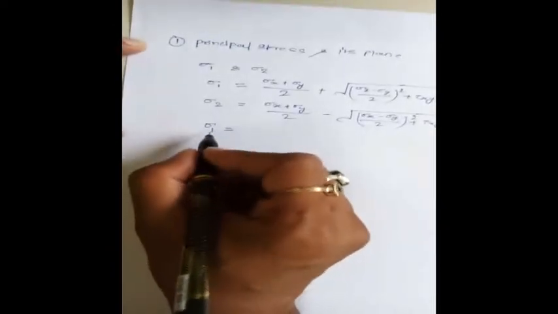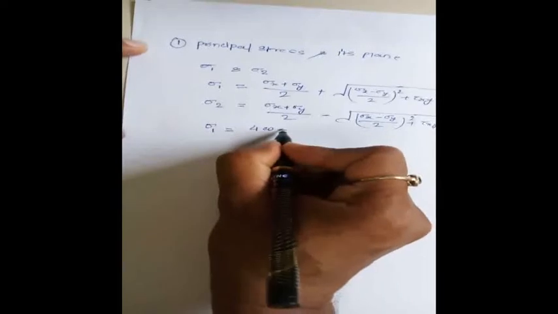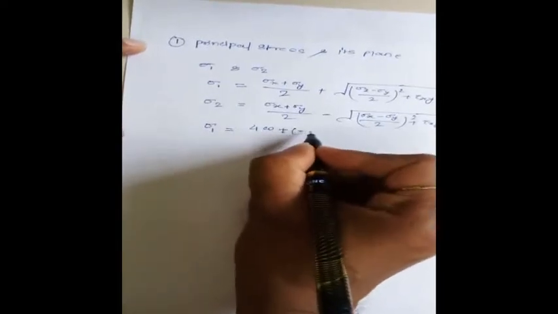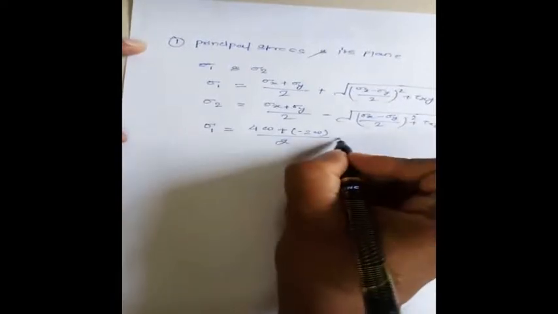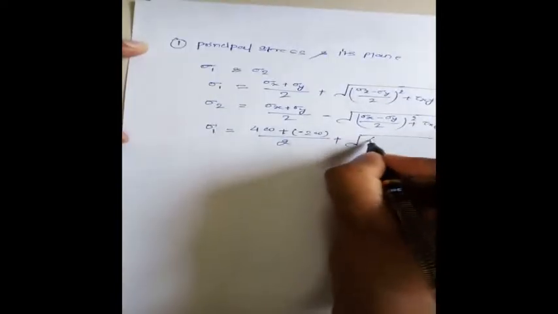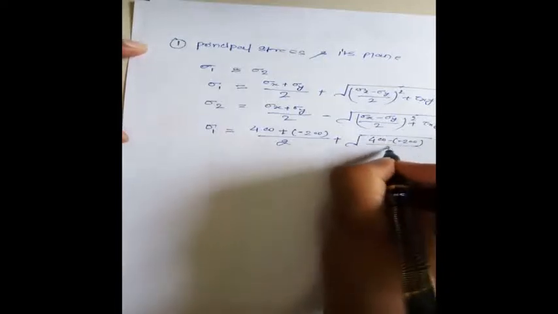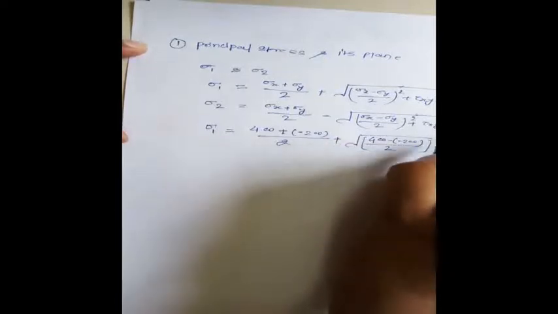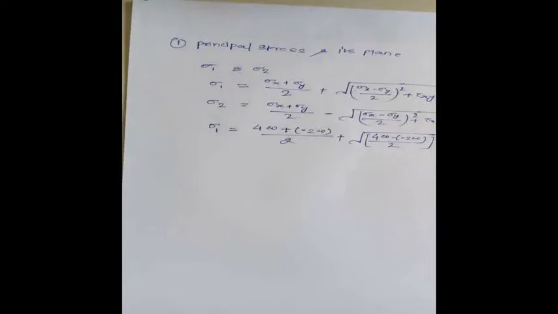So sigma 1 is the major principal stress, and here we put sigma x 400 plus sigma y, since it is compressive, minus 200, by 2, plus root of ((400 minus minus 200) by 2) whole square plus minus 100 squared. The value of tau xy is minus 100 because of the anti-clockwise direction of the shear stress.